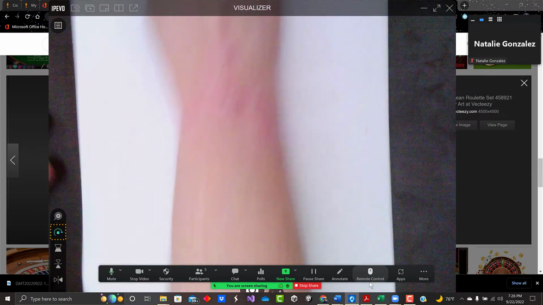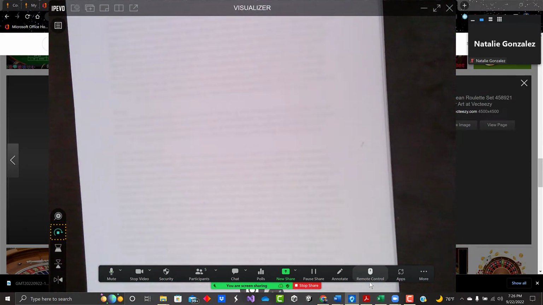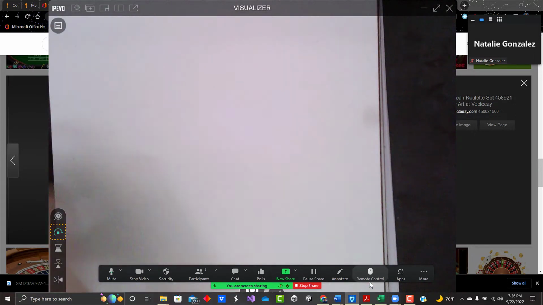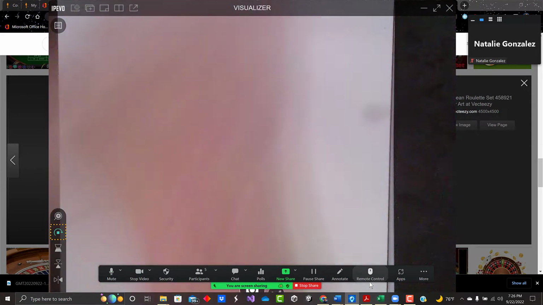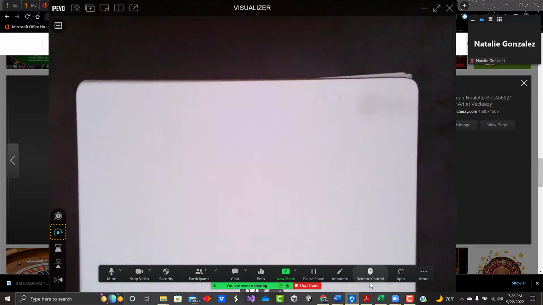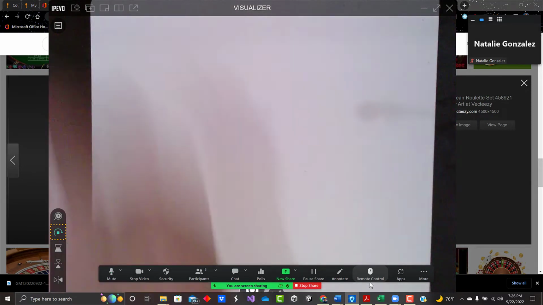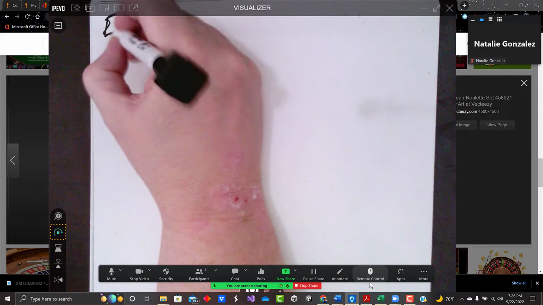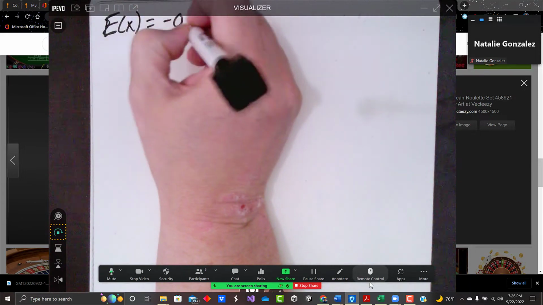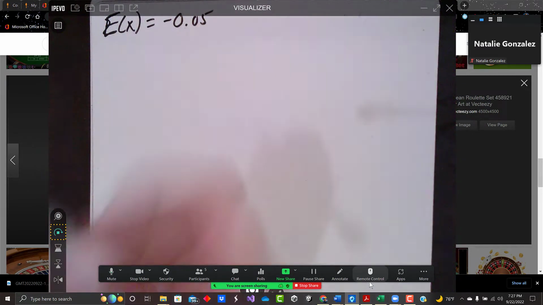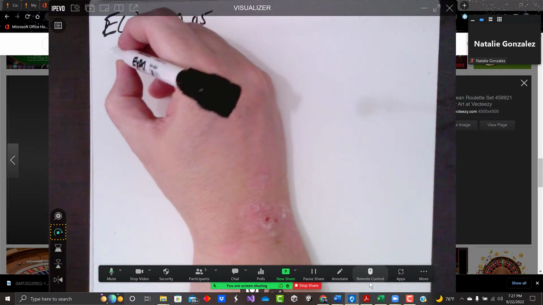So what does that mean for us? Like expected value, what does that mean? We found the expected value, or the mean, to be minus 5 cents. So if I want to see what I'm going to lose, let's say I play $10,000.